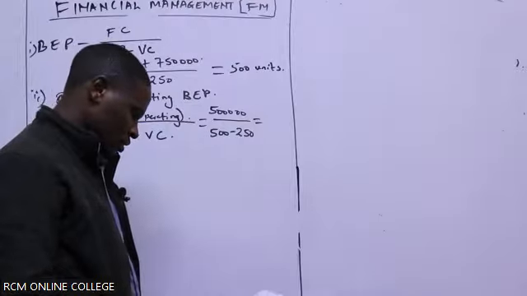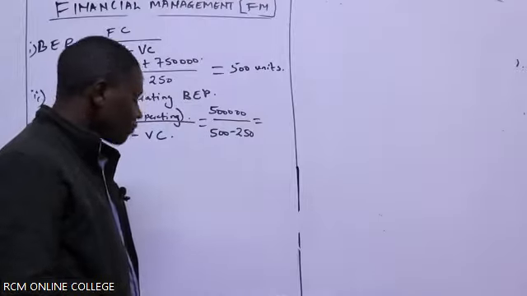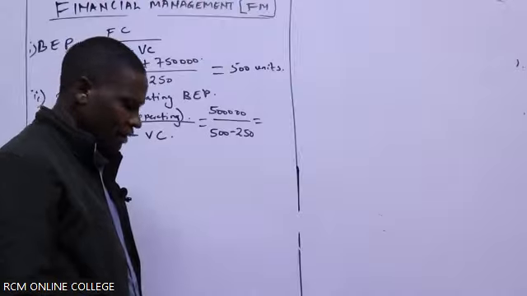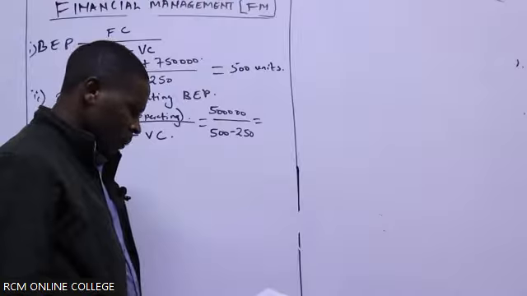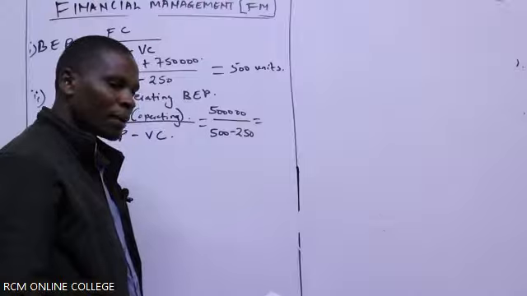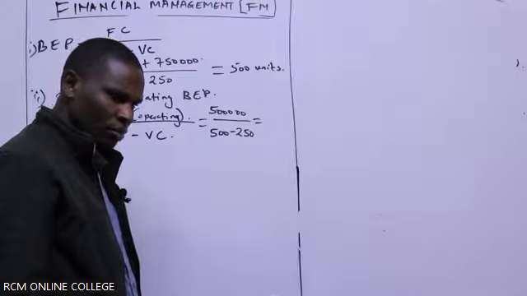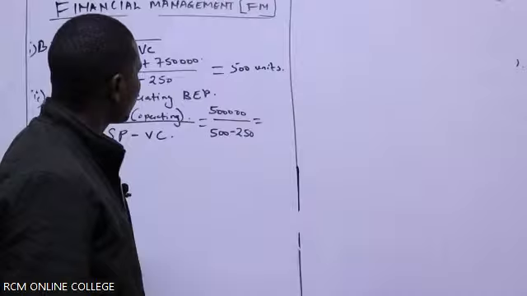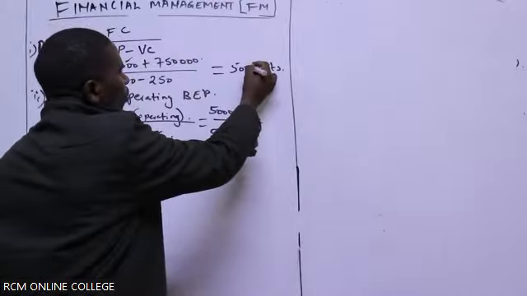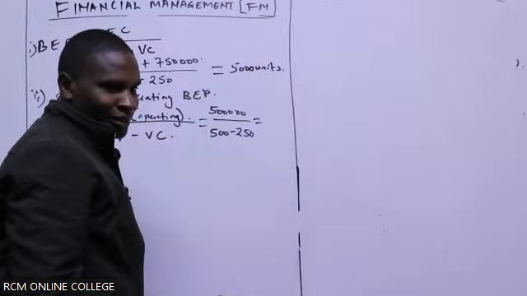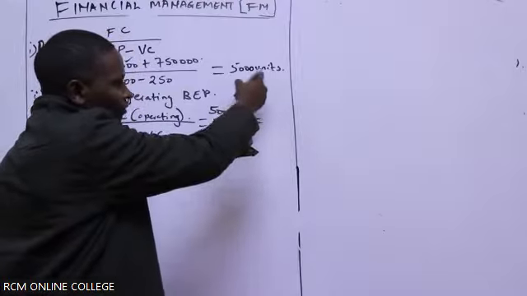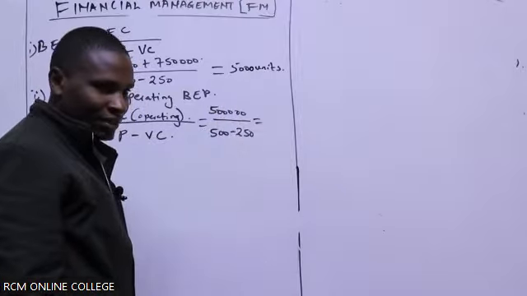Wewe unaangalia gani? Operating ni, look at the firm has a fixed operating cost of 500,000. BEP ni 5. Oh, this one. Okay. Asante. Okay, sawa. 5,000 units. Sawa.